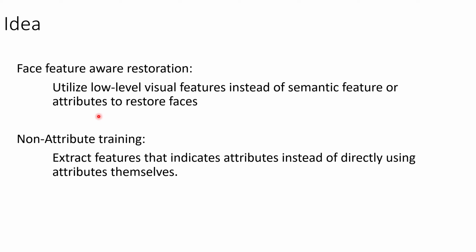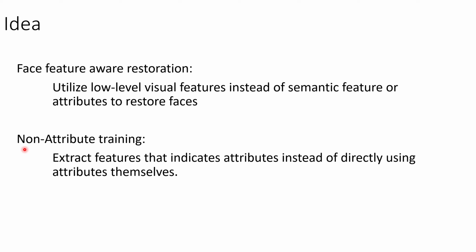For example, your gender, age, whether you wear glasses. They want to use these features to help restore correct phases, but they sometimes ignore some low-level visual features. So if we can utilize these ignored low-level visual features, we might be able to restore correct phases.